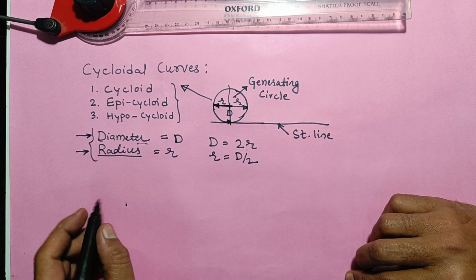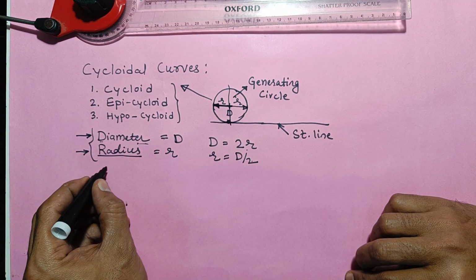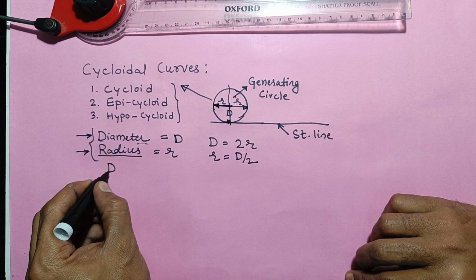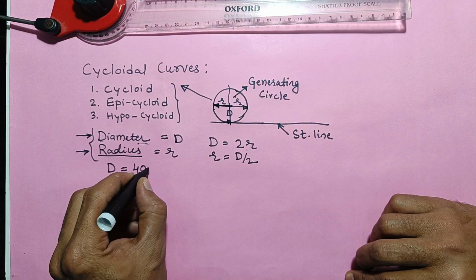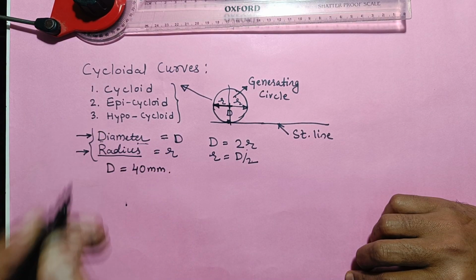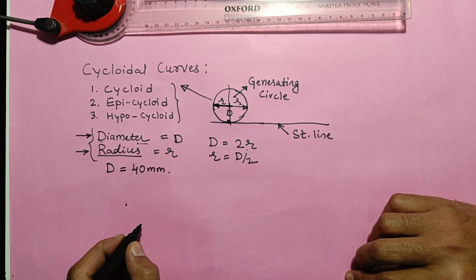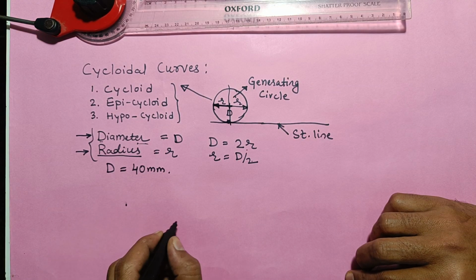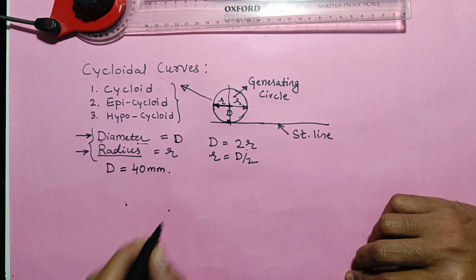Now take the compass. For example, in the question I have given the diameter of 40 millimeter. Construct a cycloid. So first I have to select one point somewhere here.